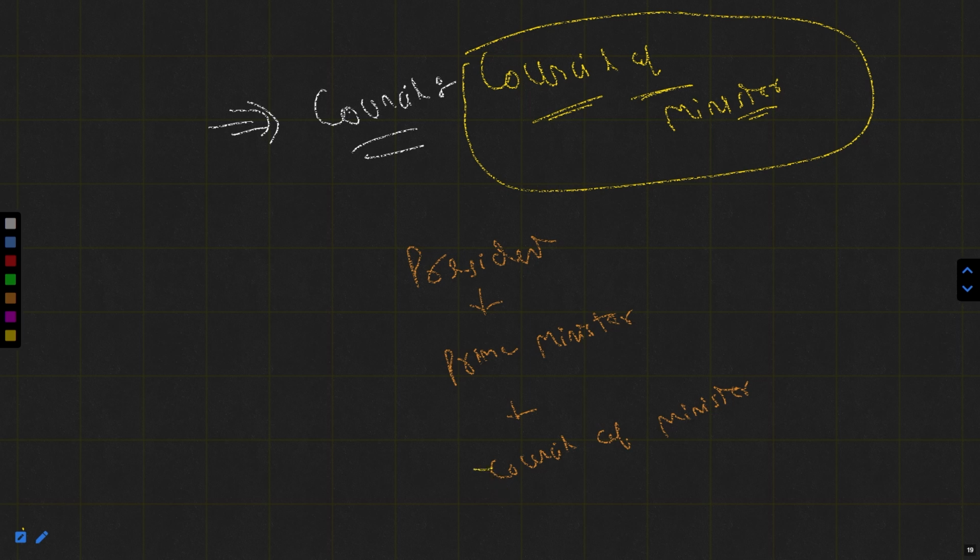Thereafter, the proposal will be handed over to the Prime Minister. The Prime Minister will present it to the President, and then the President will give his assent. Okay, so this has to be done. Got it?